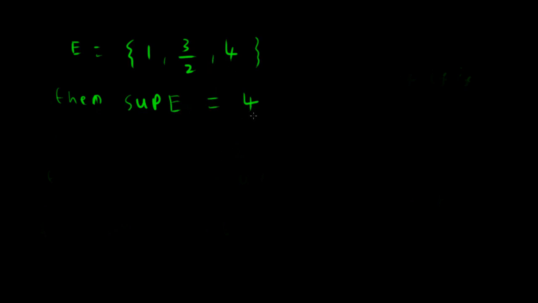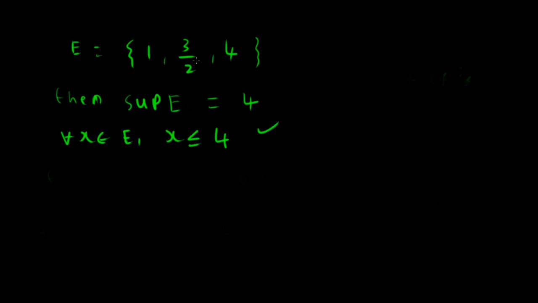Okay. And we can just check this fairly easily. So 4 is definitely an upper bound, because it is bigger than or equal to everything in the set. So for every x in E, x is less than or equal to 4. Good, because x can be at most 4.